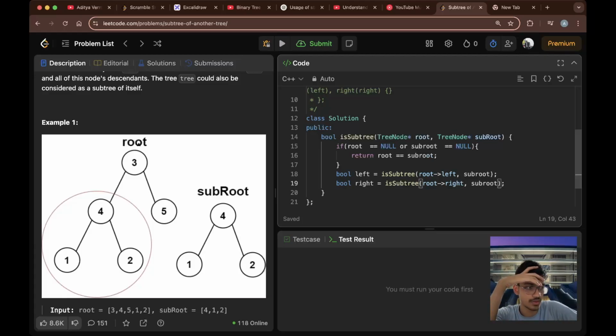Let's say root is something like 3, 4, 5, 1, and 2. Subroot, let's say 4, 1, and 2. We are in the root. We have called root's left part and subroot.